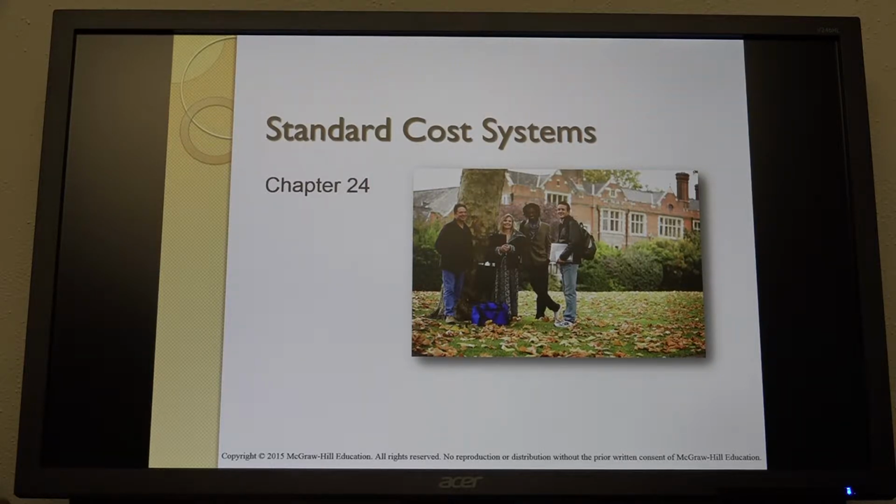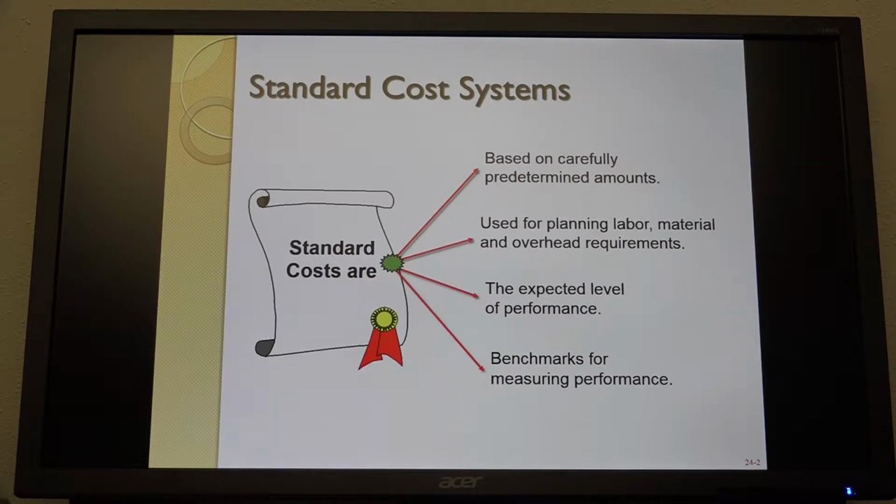Well, if you have the standard cost to manufacture a unit of product, what you can do as a manager is compare the standard cost of producing a unit of product to what it actually costs to produce a unit of product.